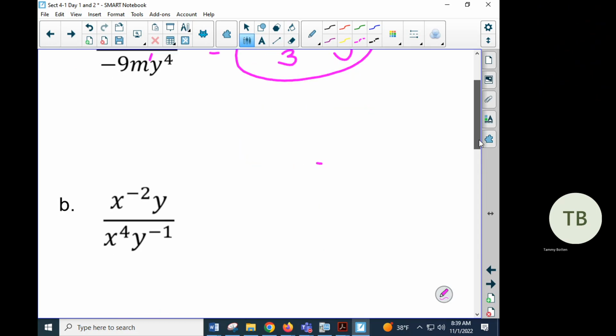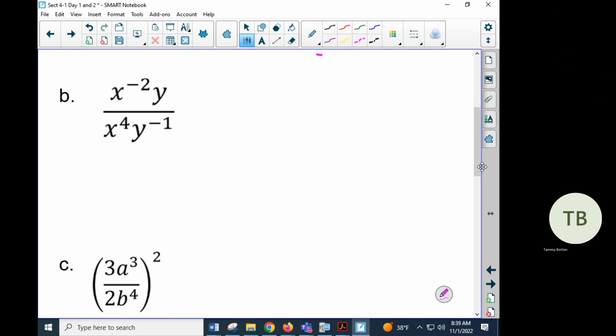Okay. Now, this one right here has those negative exponents. So how I would do this one, when I write it, I would put the negative ones. If it's in the top, I'd move it to the bottom. If it's in the bottom, I'd move it to the top.